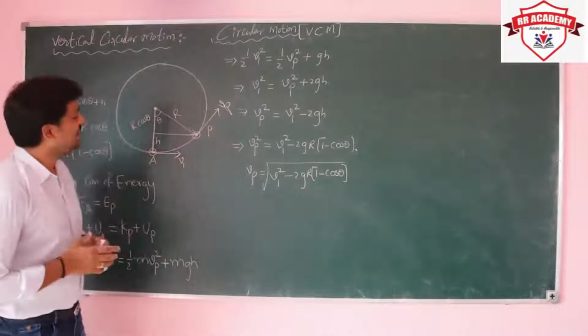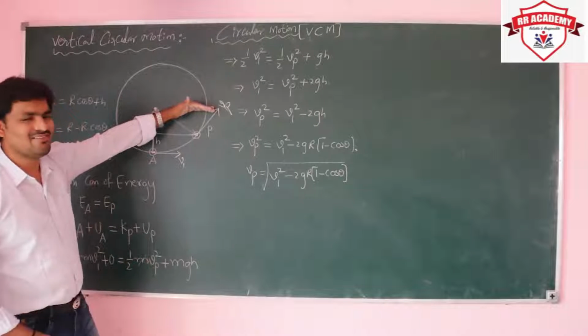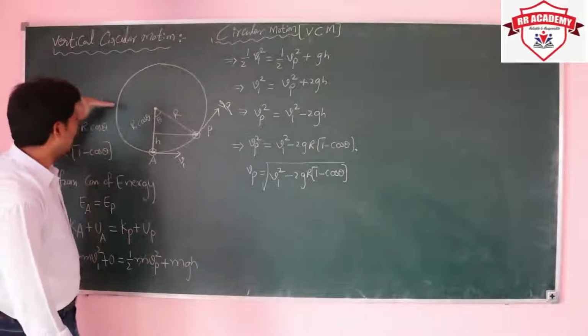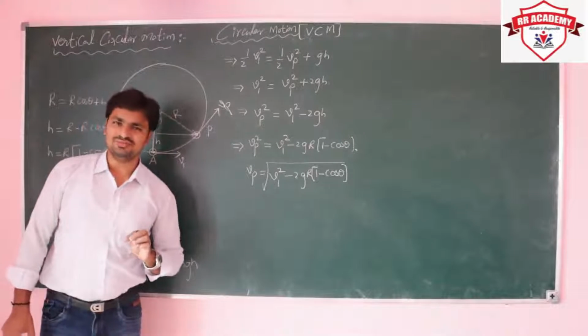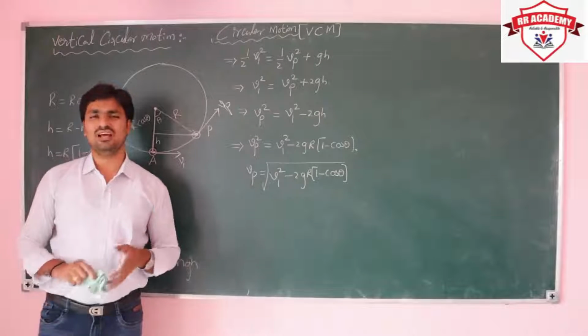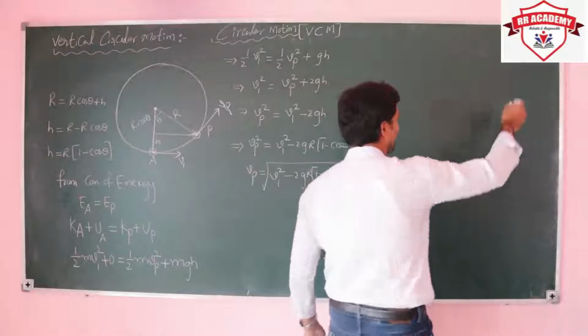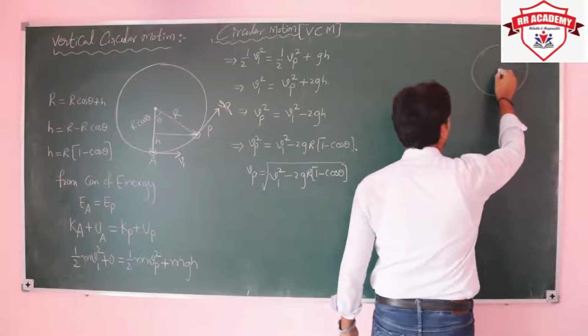Now, if the point is, for example, here, what is the velocity? At anywhere we are able to calculate. For example, I am taking the circle again.